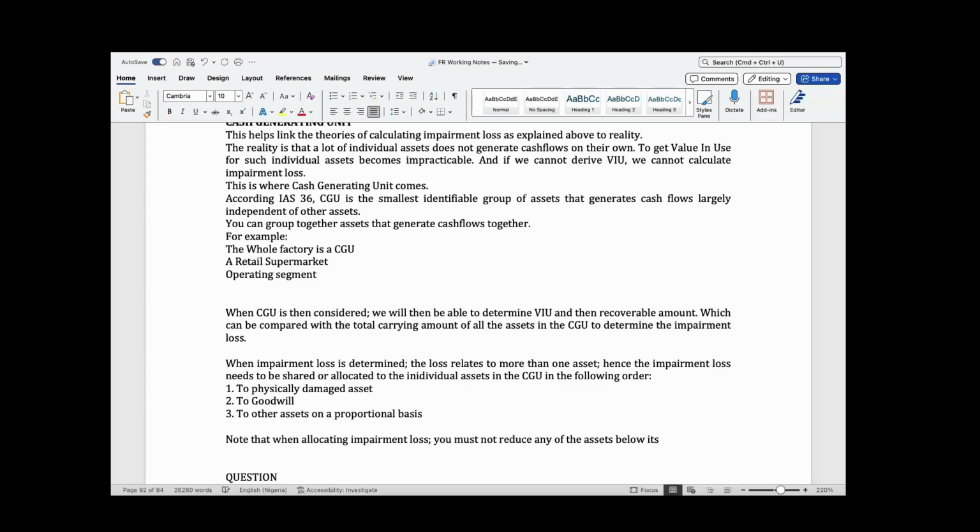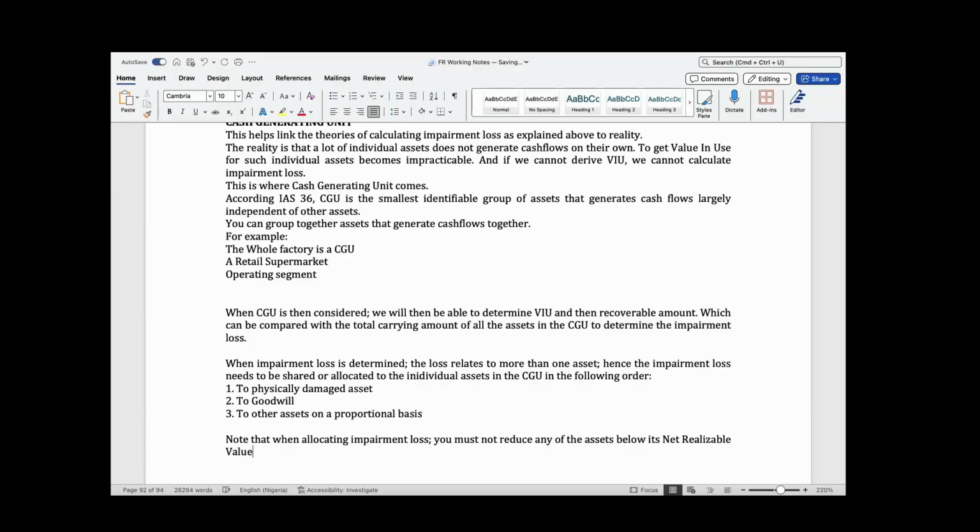Since each of them cannot get recoverable amounts individually, we can get their net realizable value. So don't reduce any of those assets. You need to be watching out for their net realizable value.